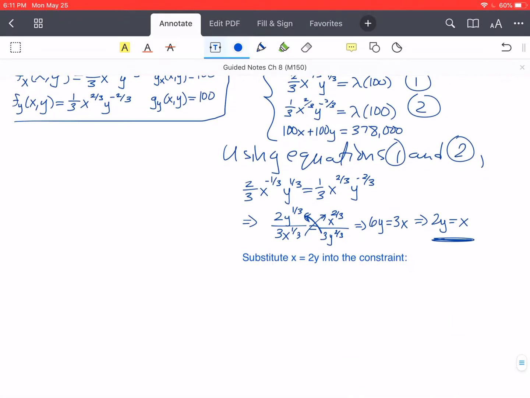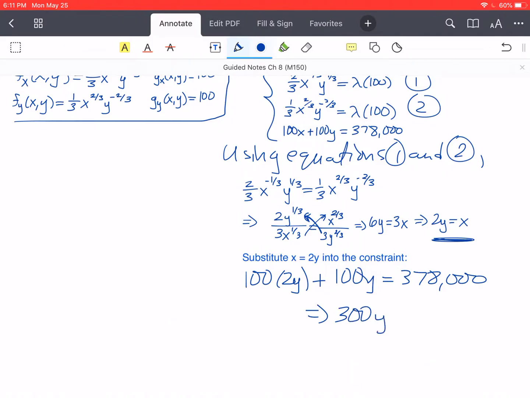So that's going to give us 100x, but instead of x I'll use 2y, plus 100y equals 378,000. So that's 200y plus 100y, so that's 300y equals 378,000.